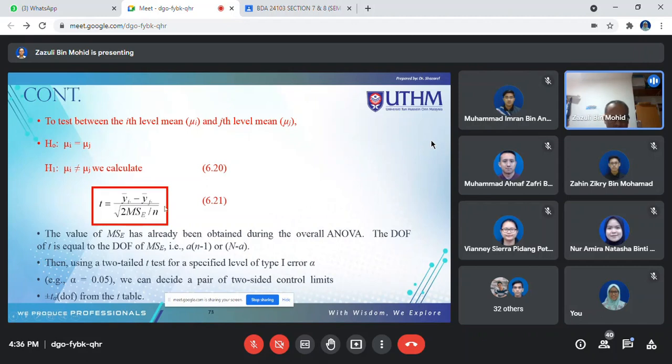And this is the formula here. The small n here is the response number. If we have 6 data for each level, that means n is 6. And we have to calculate the MSE as we calculated it in the previous chapter.